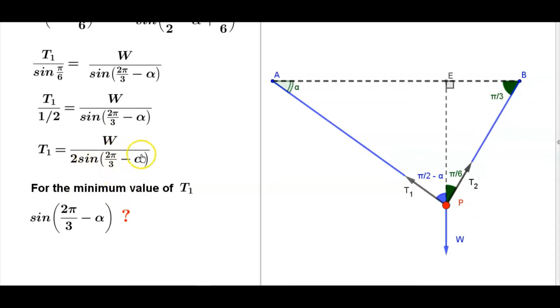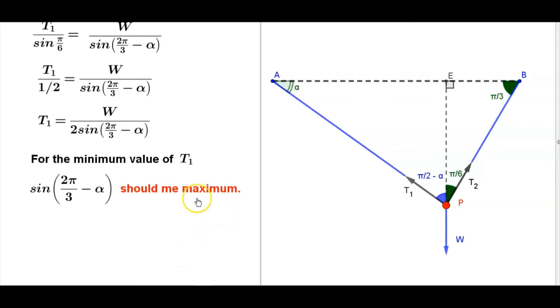Therefore, this one is the variable: sine of 2 pi by 3 minus alpha should be maximum. What is the maximum value of sine of 2 pi by 3 minus alpha? For any sine function, the maximum value is 1. Therefore, sine of 2 pi by 3 minus alpha maximum should be 1.